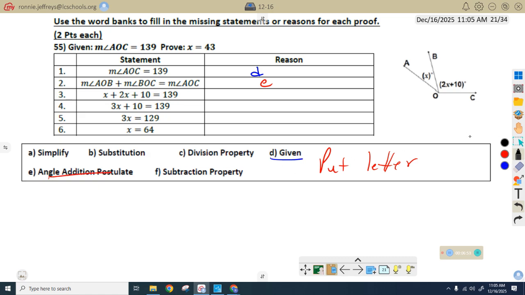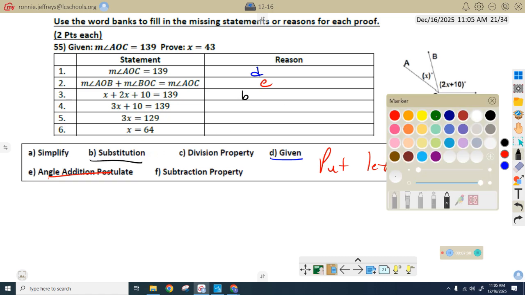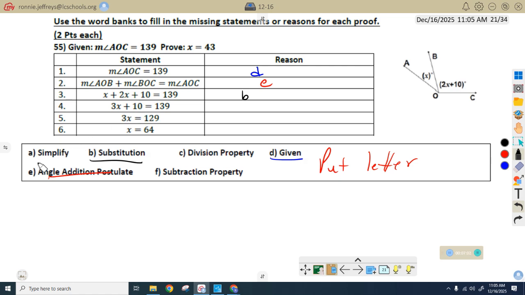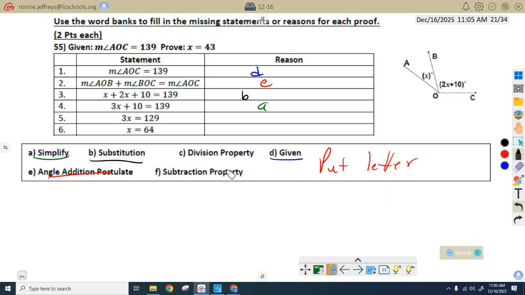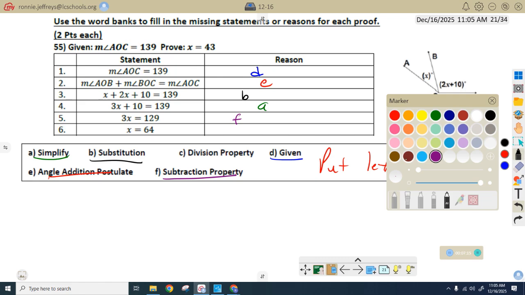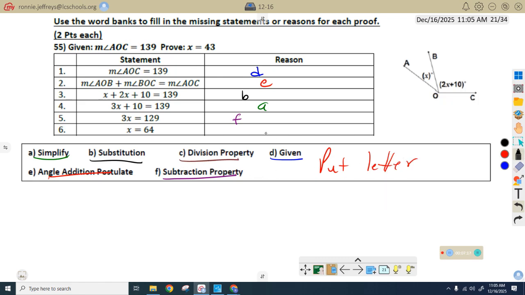That's given. And then this is substitution. And then this is simplify. And then this is subtraction. And this is division. Okay.